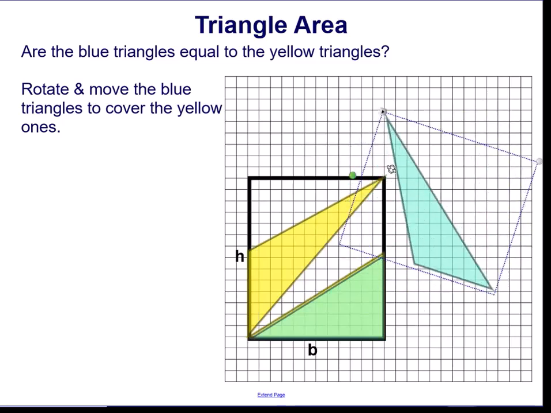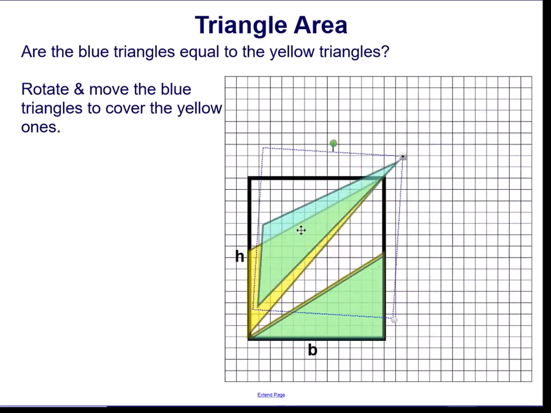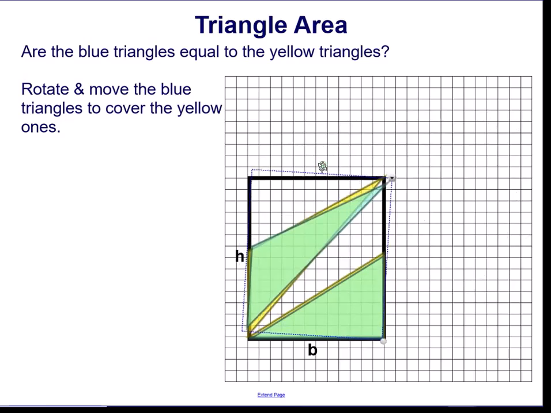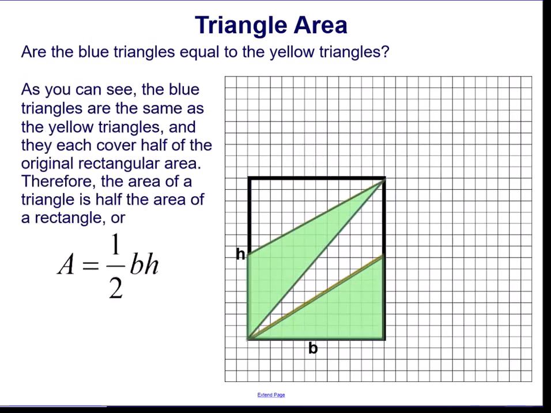If I rotate this around, I can see that it also covers that yellow shape. As you can see, the blue triangles are the same as the yellow triangles, and they each cover half of the original rectangular area. Therefore, the area of a triangle is half the area of a rectangle, or area equals 1/2 base times height.